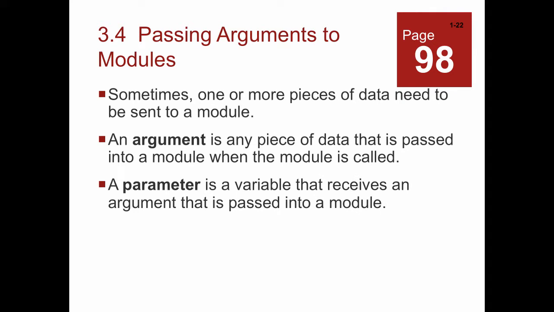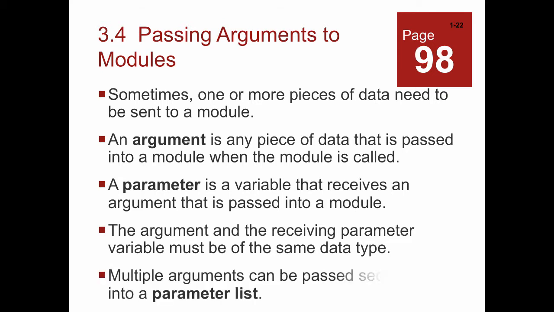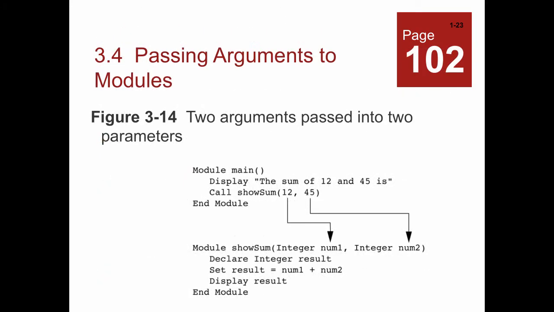On the receiving end, the module would say, okay, I'm going to receive that data and I'm going to call it a parameter. So that's the argument that is received. The argument and the receiving parameter variable must be the same type. Now, you can pass multiple pieces of information as long as you realize that they're sequential in the parameter list. So what does that look like? Well, here's an example.